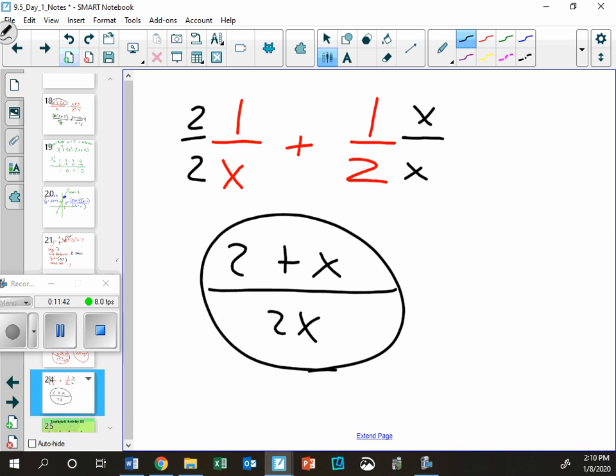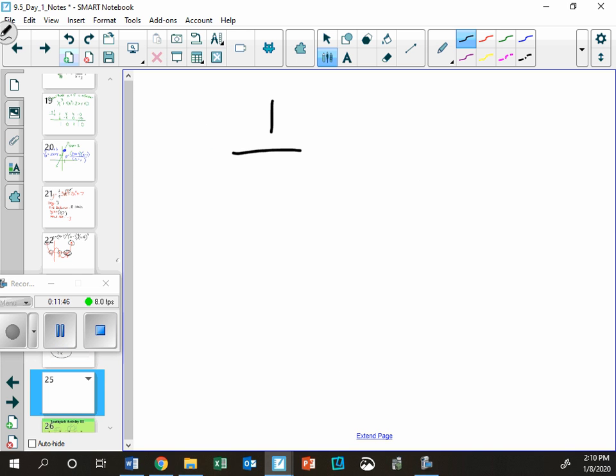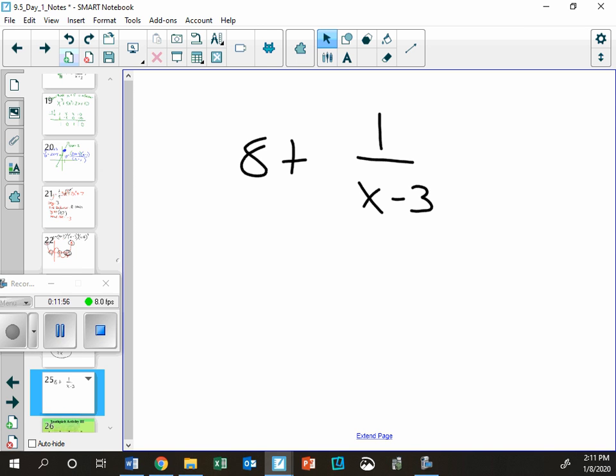All right, judging by the people staring at that, burning holes in the board with your eyes, I think I need to try another one like that. 8 plus 1 over x minus 3. Find a common denominator and add them.